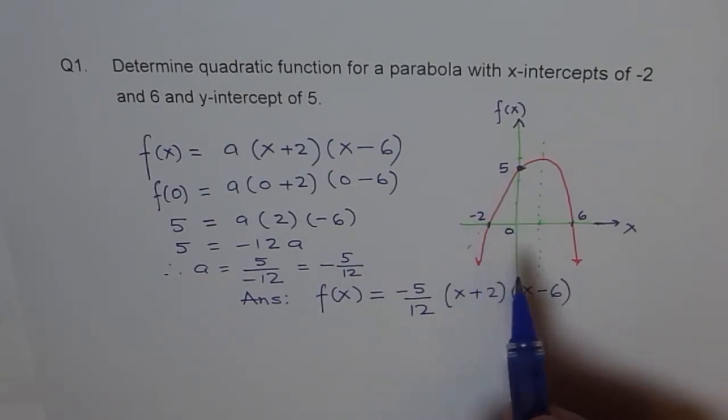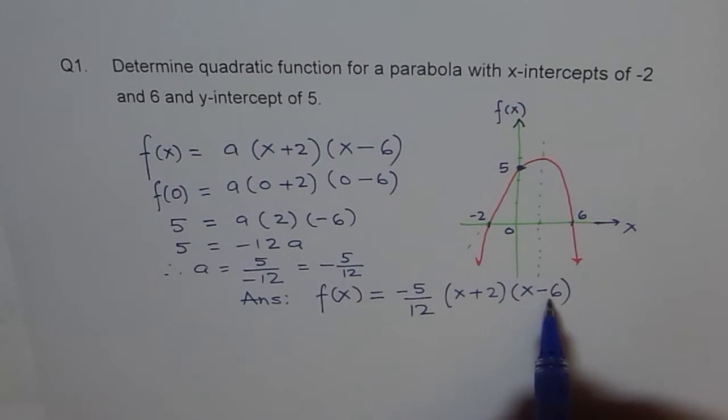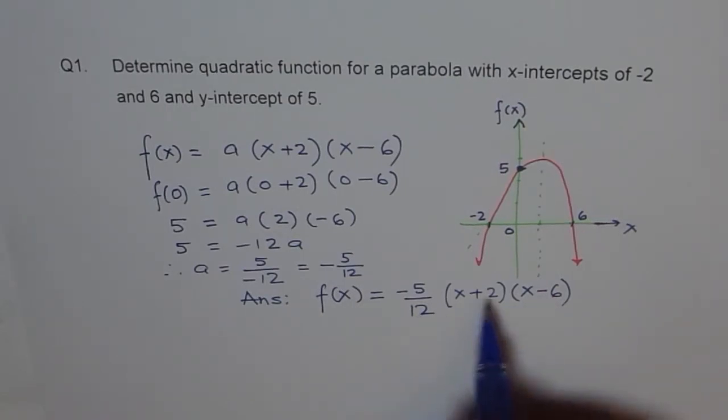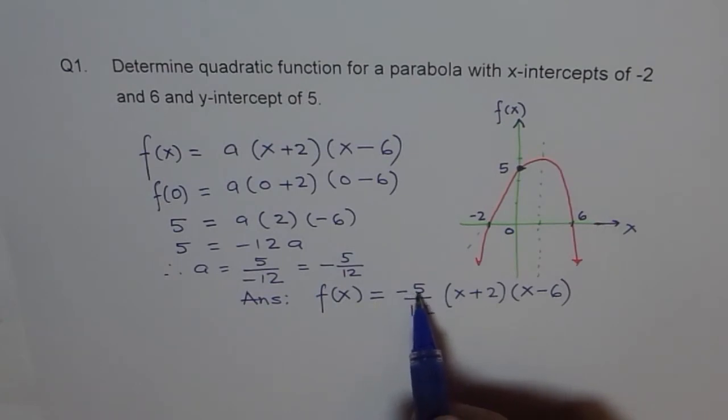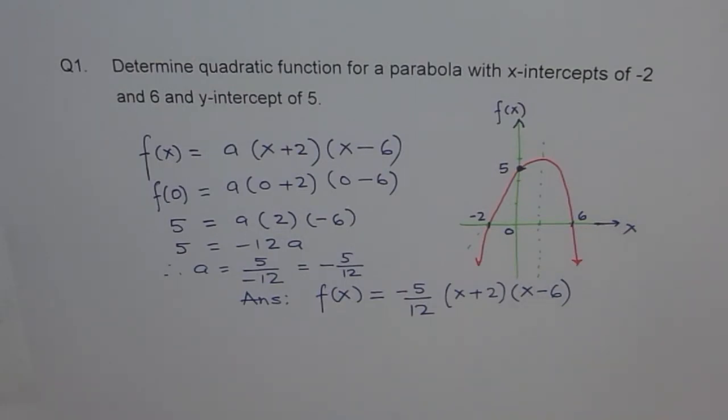How about 5? If I plug in 0 here, this will be 2 times -6, which is -12. The -12 cancels with the -12, and you get -5 over 12 times -12 as 5, the y-intercept. So this represents our parabola, and that's the way to do it.